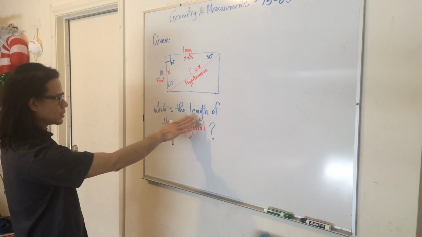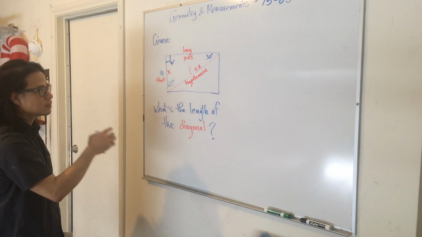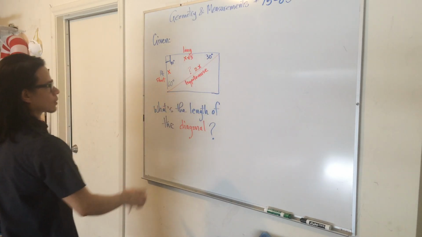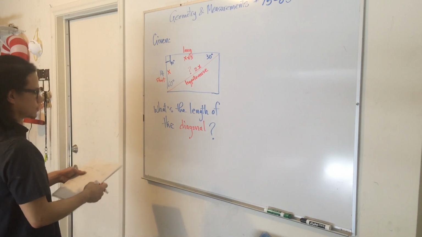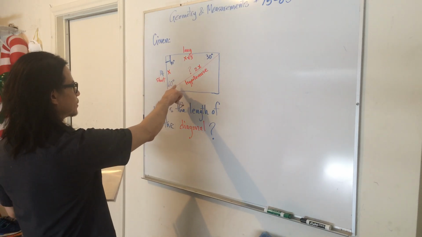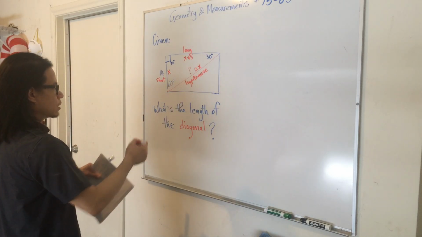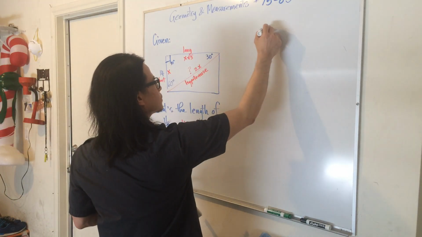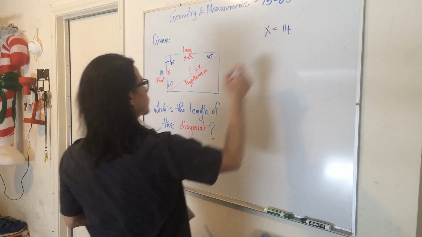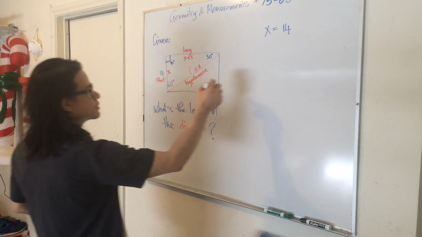We've talked about quite a few things there, so let's go back to what the question is asking. It's saying, what is the length of the diagonal? If the short side is 14, what is the hypotenuse there? If x equals 14, the hypotenuse is 2 times x.